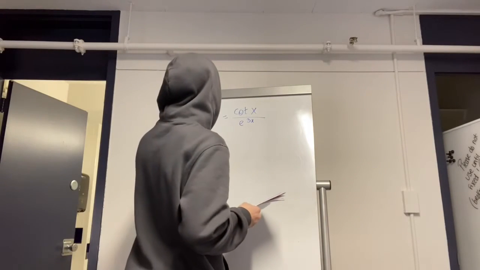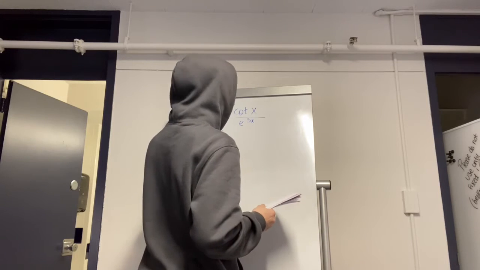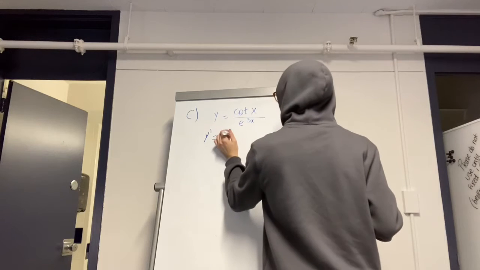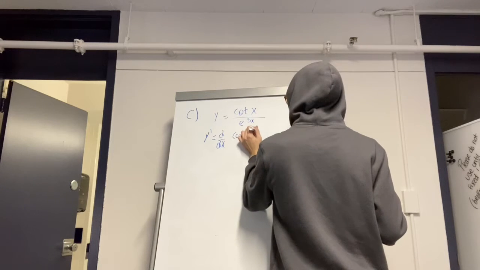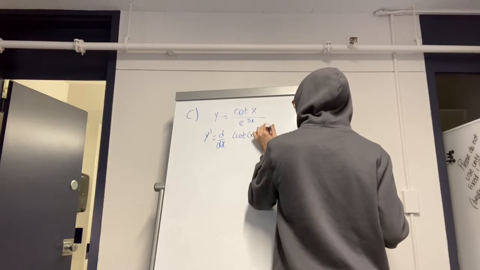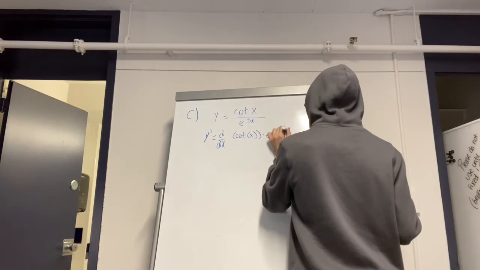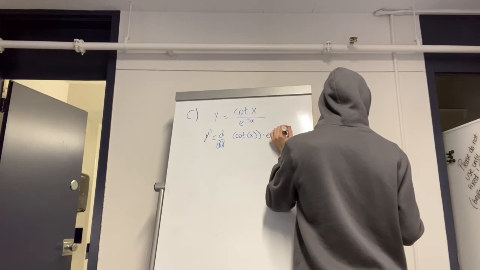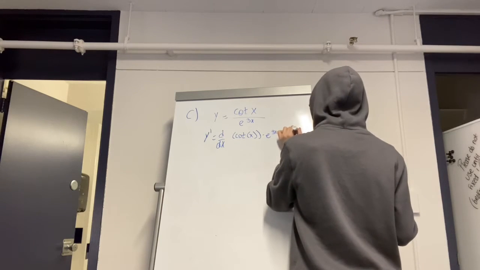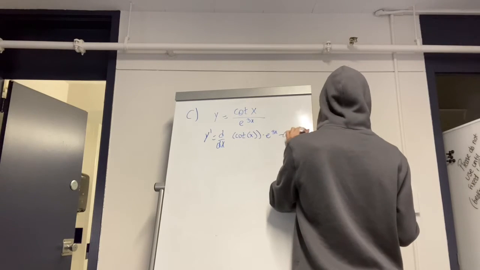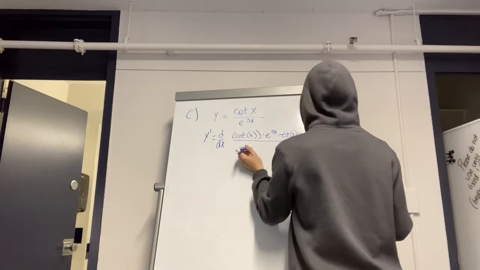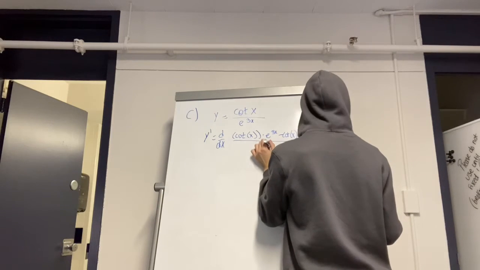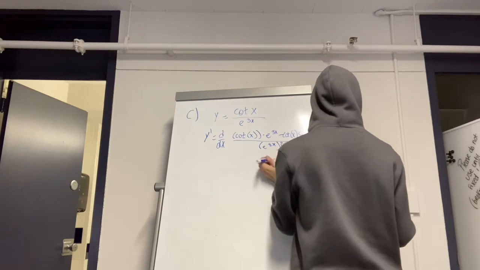So we will start with y prime equals d over dx cotangent x times e to the 3x minus cotangent x d over dx e to the 3x over e to the 3x squared.